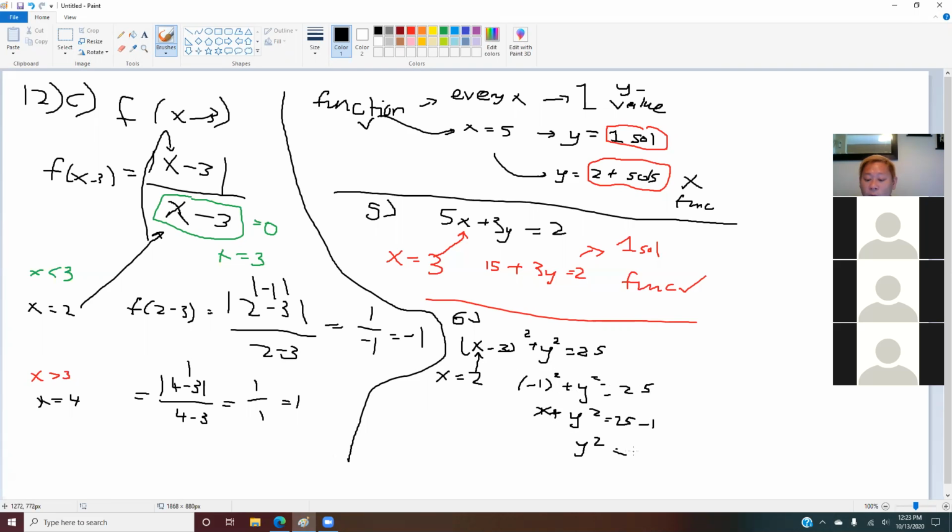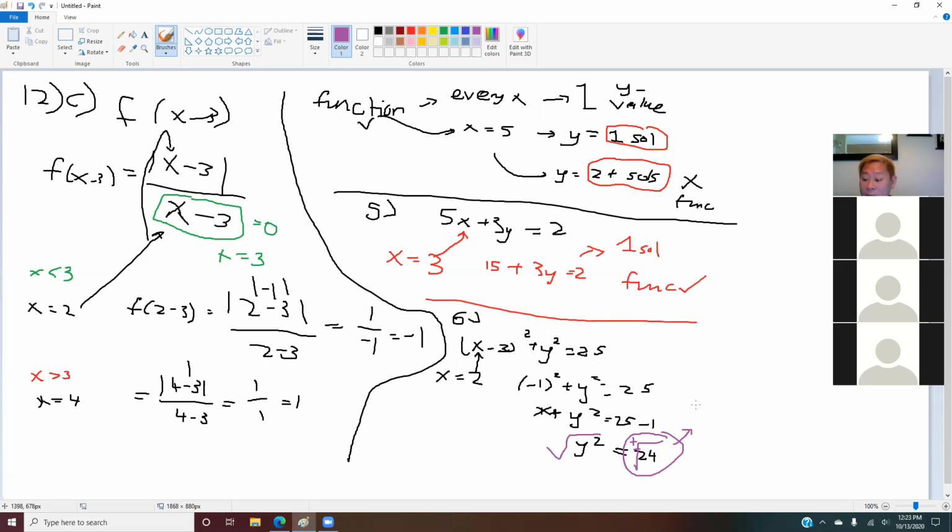So you get 24. And how do we get rid of this square so that the y is by itself? We take the square root. But every time you take a square root, you will have a plus and minus. And does this plus and minus give us one answer or 2 or more answers? How many answers do you have here when you do this?